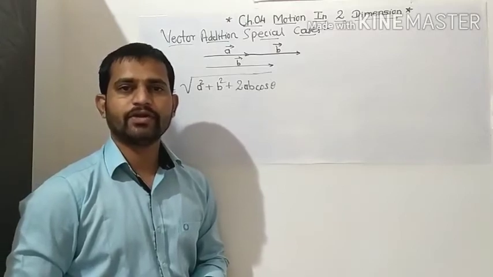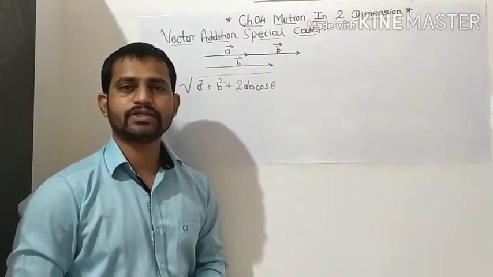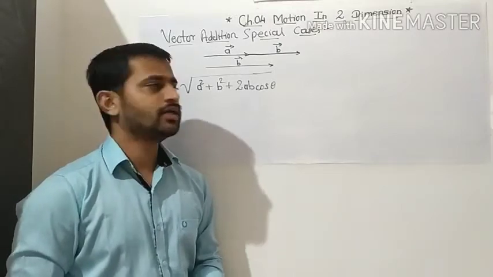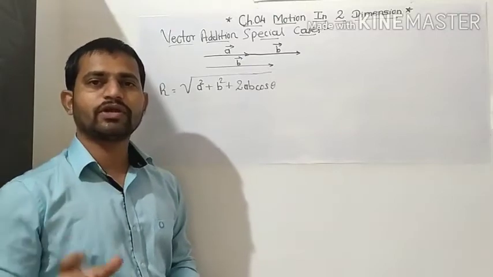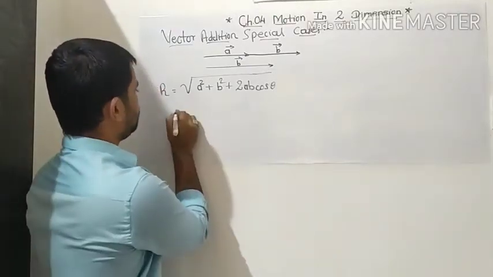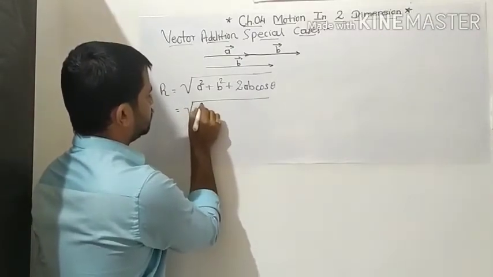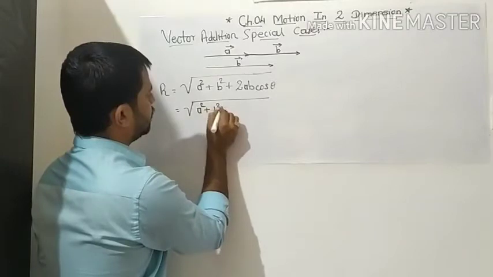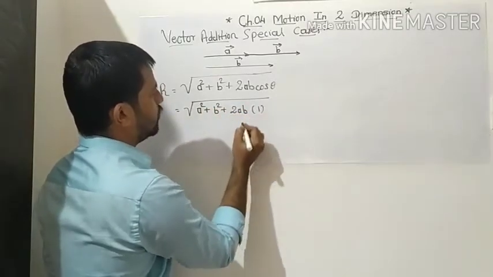The angle between the two vectors is theta, so this theta value becomes 0. If we put theta equal to 0 in this equation, we get under root of A square plus B square plus twice AB into 1.